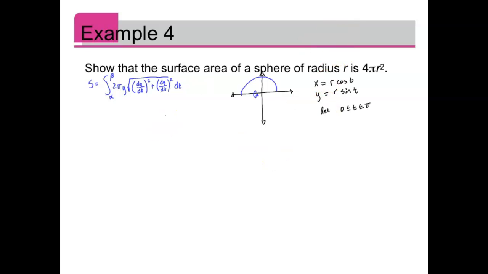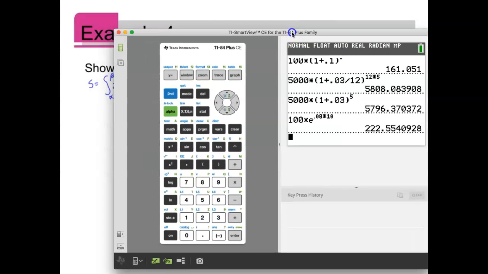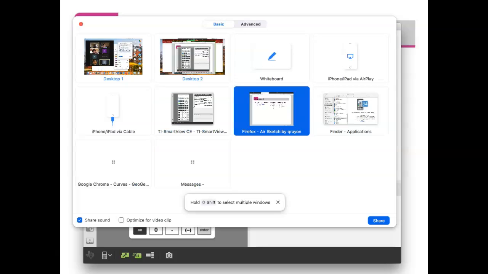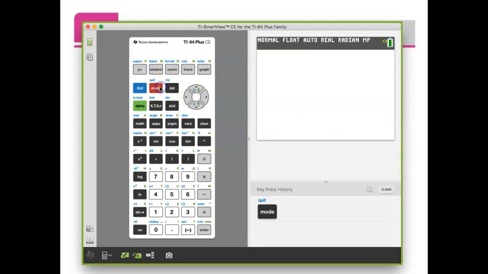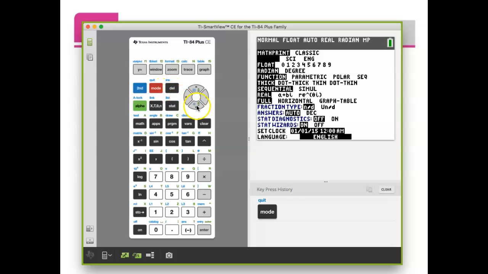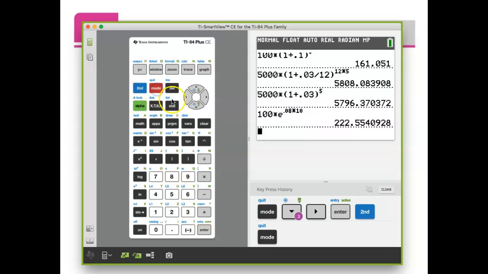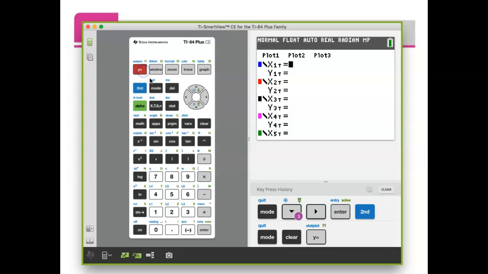And so let's just verify this in our calculator. It's been a little while since we've worked with these parametric equations. I can go to mode and make sure I'm in parametric mode. I'll go to y equals, x1 we said is r cosine t.